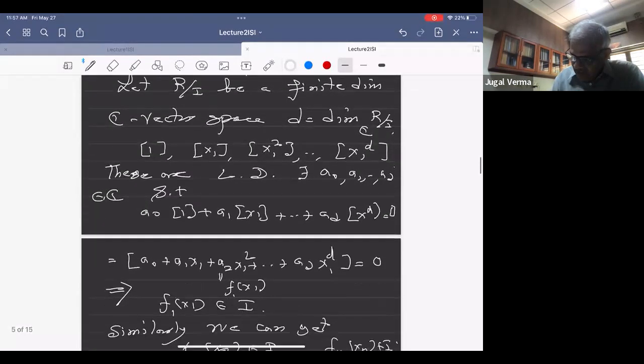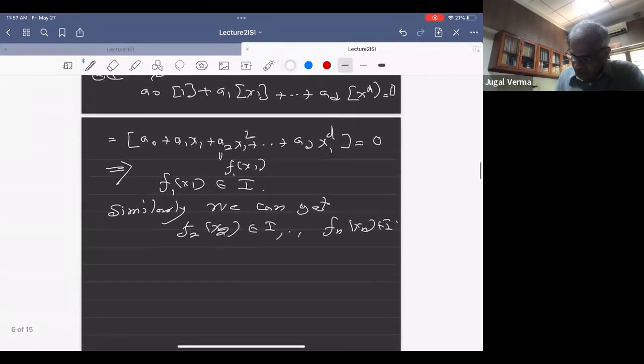Now let's show that this condition implies that Vi is finite. Why?